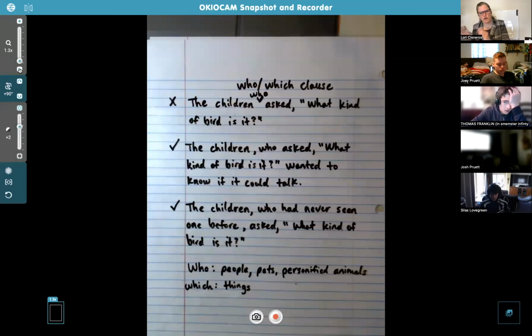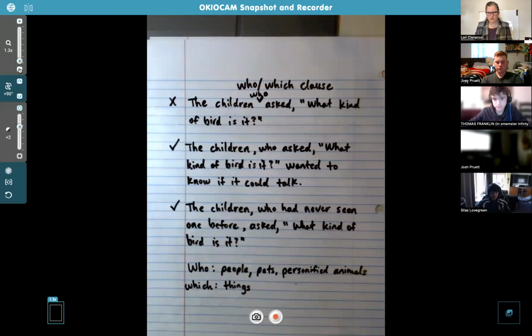The wings which are powerful. So when you're talking about the part of the bird, it's the thing, right? You would use the clause which, talking about the wings, or if you're talking about the fleece which was white, or the fleece which was thick.